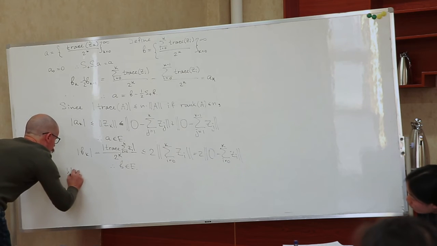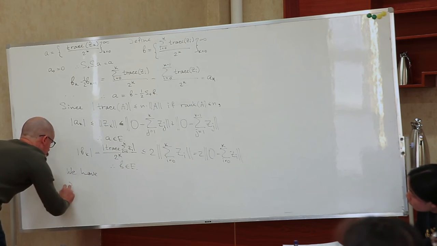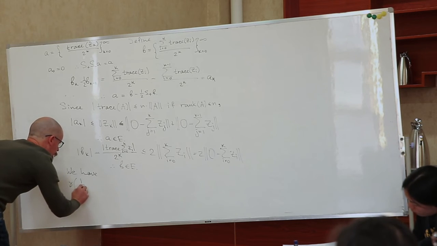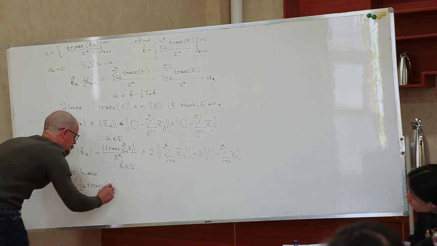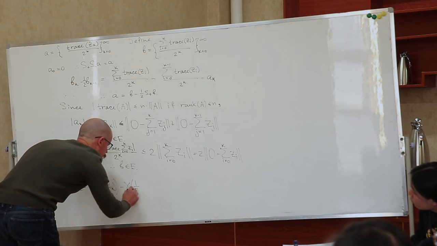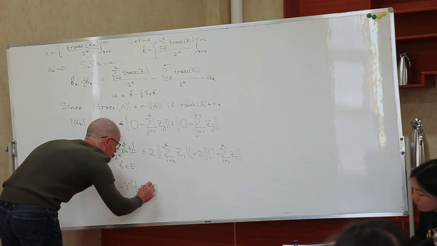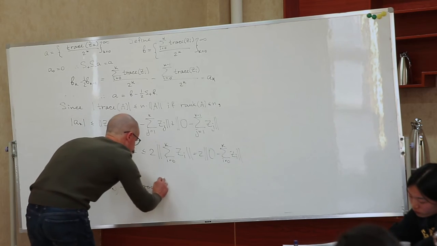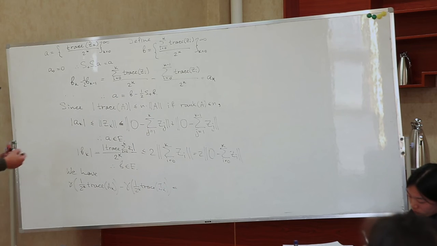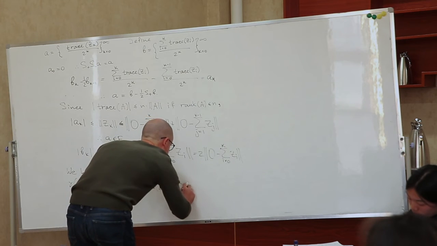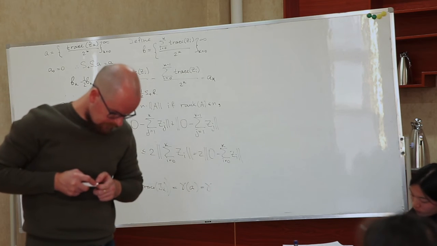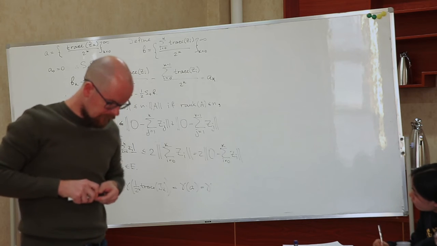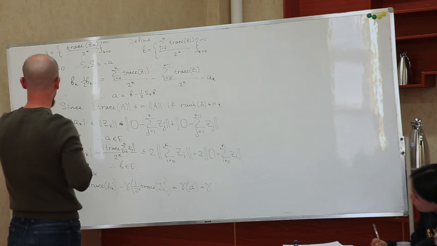So we have gamma of the first representation, A_K, minus gamma of the second representation, equals gamma of A, equals to... hold on a second.